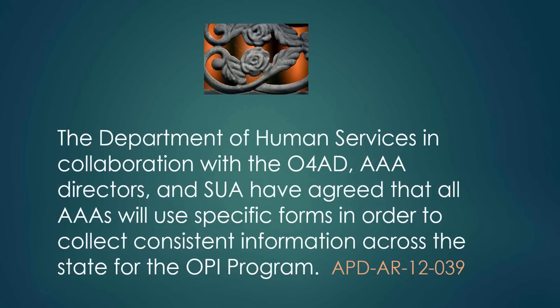So some of the forms that we'll be talking about today come from that list of forms, which was approved by everyone when they got together to discuss them. There is an action request transmittal that details those forms, and I've put that on the slide. You could see it there, APD AR 12039.